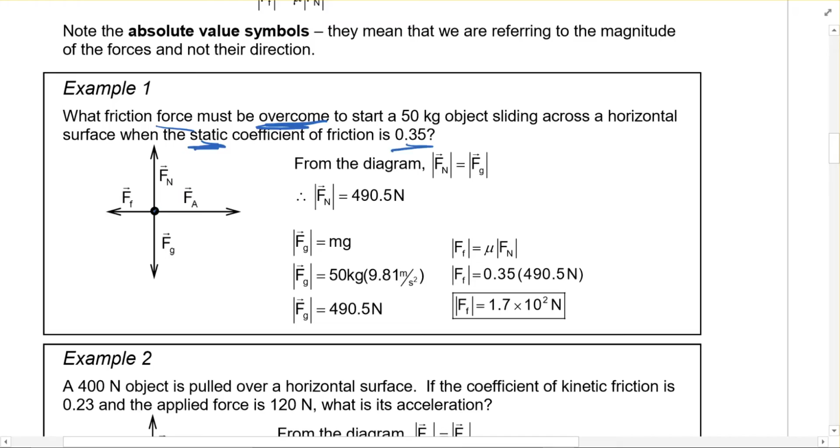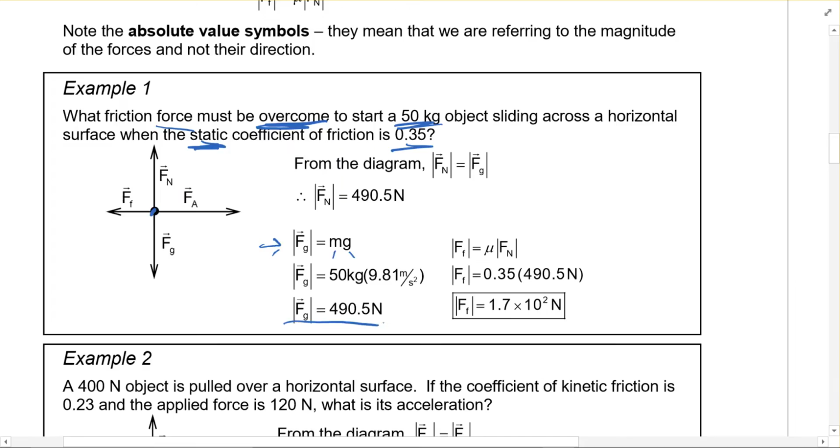So this one, if you drew a free body diagram, our Fg is equal to our Fn in magnitude. If you figured out what your Fg was, because it tells you 50 kilograms, and we know that things accelerate downward at negative 9.81, I can figure out what Fg is by going mass times 9.81, just 9.81 in this case because we're dealing with the magnitude.